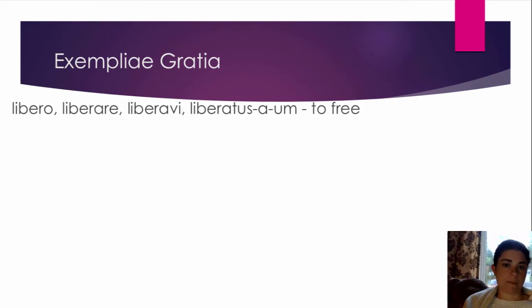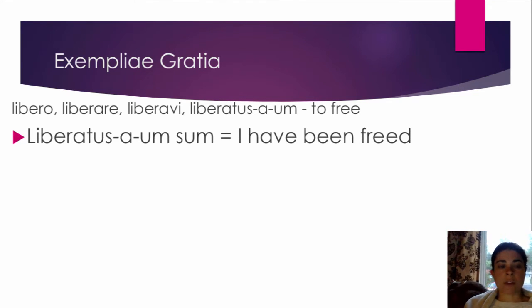Whichever, it's the same. Just subtract a us or um and add us, a, um if you need to. Liberatus, -a, -um sum. So notice the person is now on the second form. So sum is telling you that I am doing the action. So "I have been freed" is how this would translate.